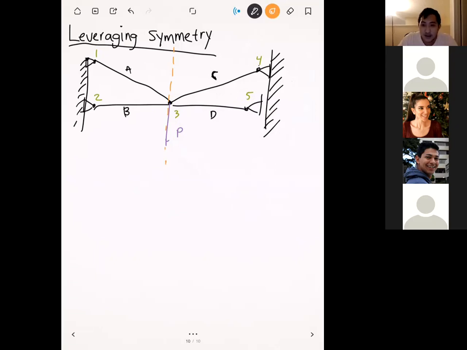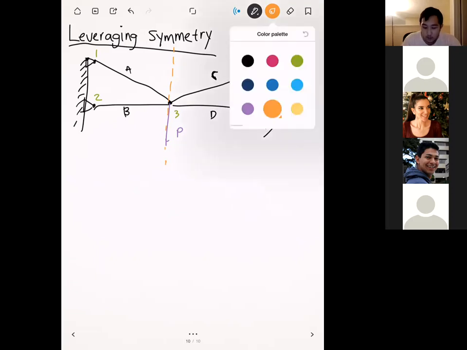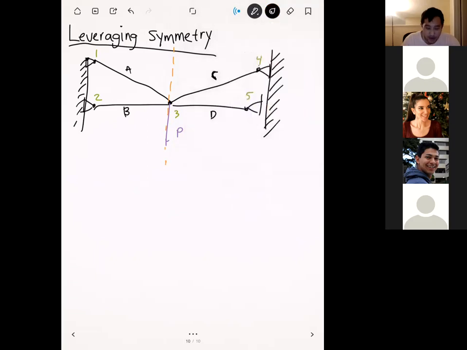Okay, that's true. Yeah, most of these displacements will be 0 because we have a lot of pins. But it's still a lot of element stiffness matrices to do. And so if we have a symmetrical system like this, we can just say, why bother solving this whole system? We can just solve half of it. Okay.